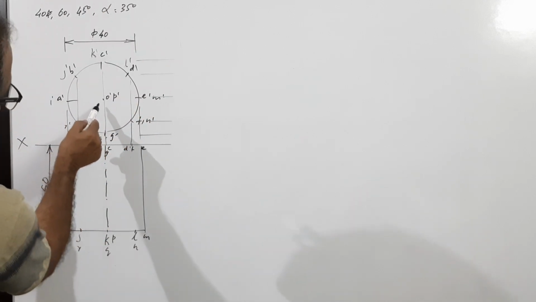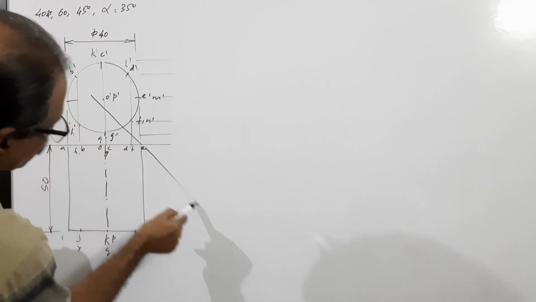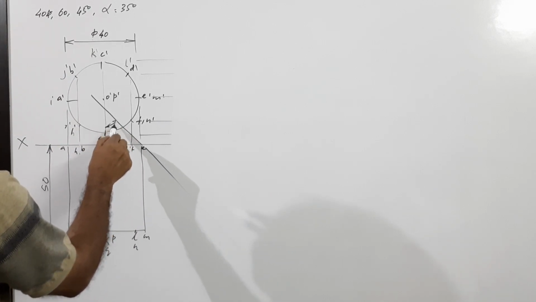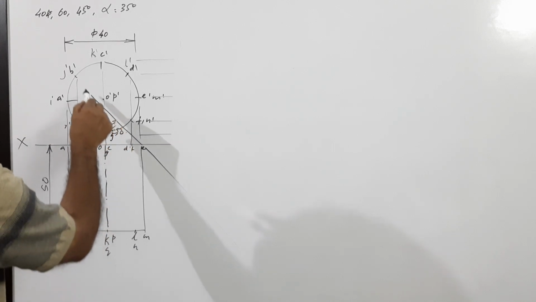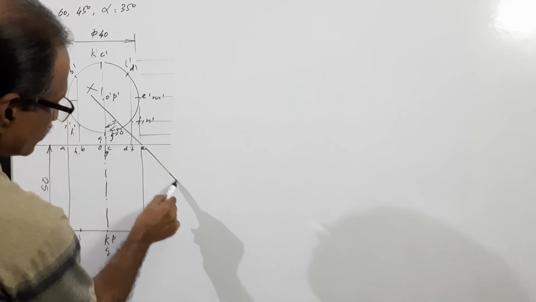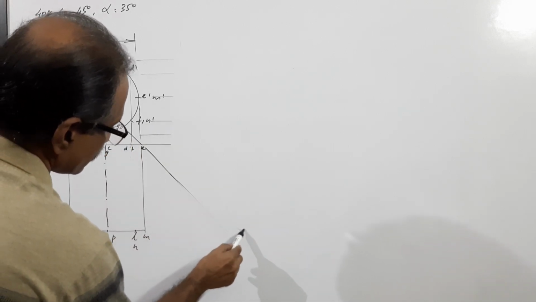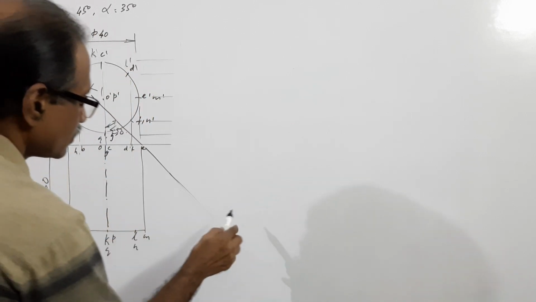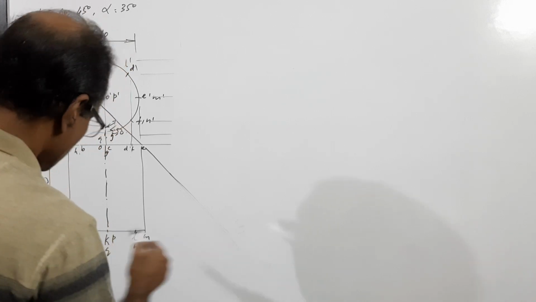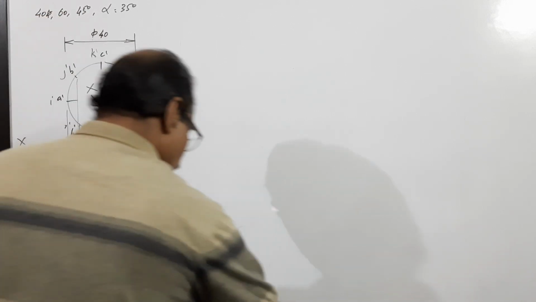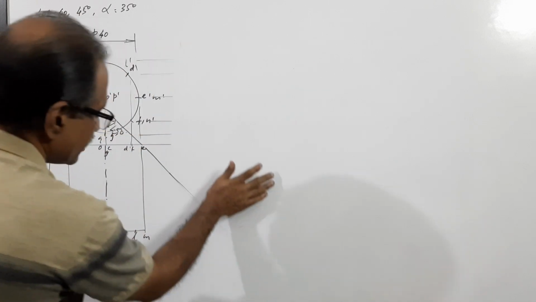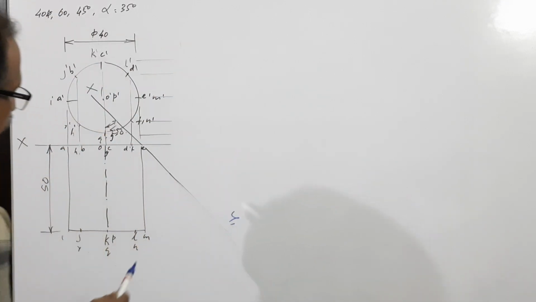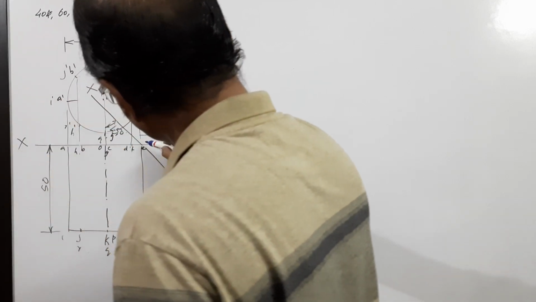You have to draw x1, y1 here, 45 degrees, x1, y1. The board is wet, so I am not able to draw x1, y1. Draw projectors through all points.